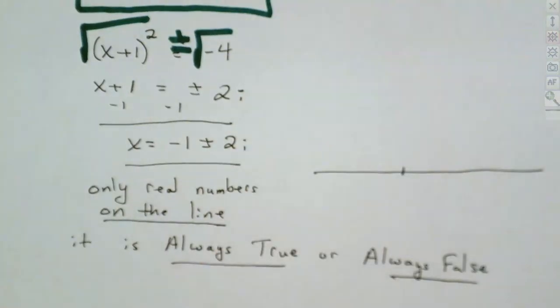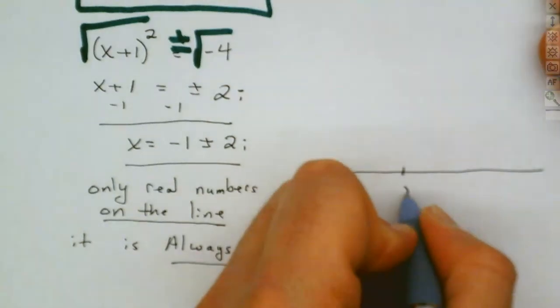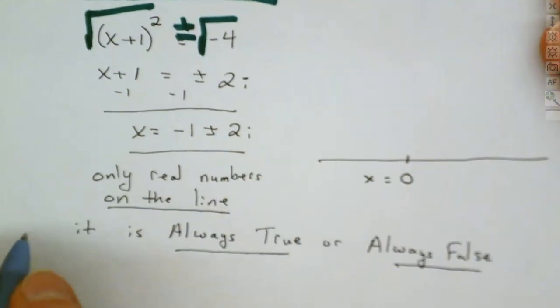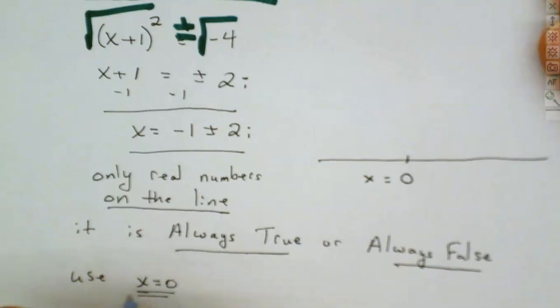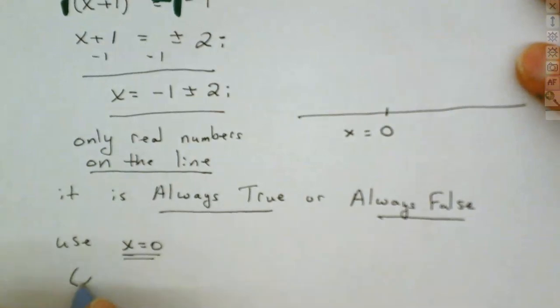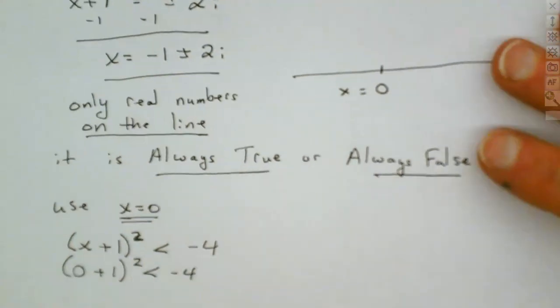Now, you can pick any number that you want. It doesn't matter. I usually pick 0 because that's easy to work with. And I'm going to go ahead and pick x equals 0. There it is on the number line. And let's see if this is going to be true or false back in the original. If I plug in that 0, well, what happens when I add them together?